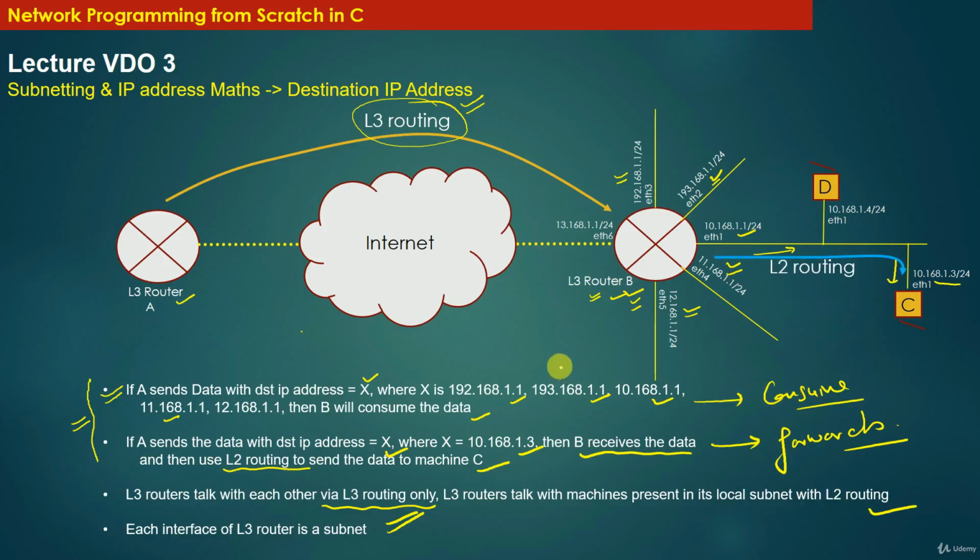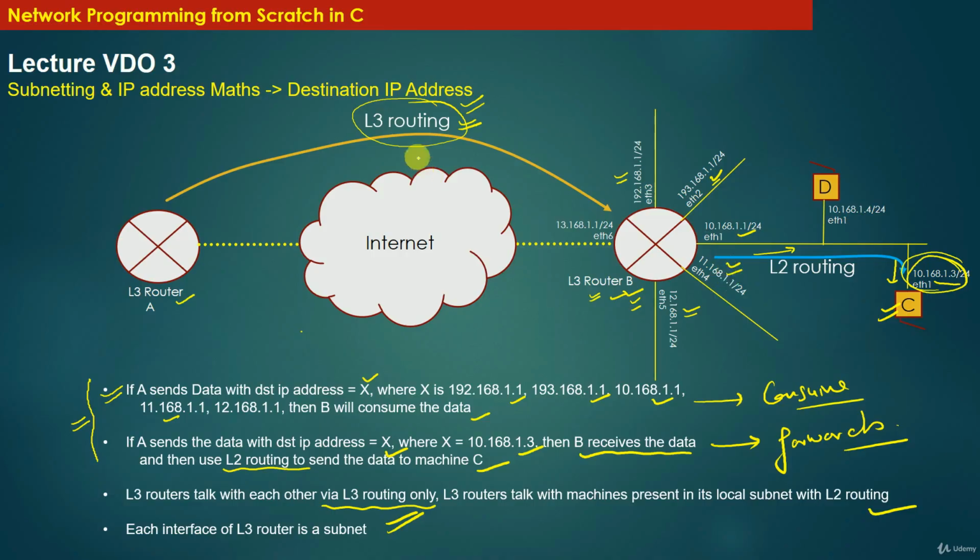So in our example, if router A sends the data with destination IP address equal to 10.168.1.3, then the data will reach gateway router B using L3 routing, because the destination machine which is supposed to receive the data, that is machine C, is present in one of the local subnets of router B. So you can see that the journey of the packet is divided into phases here.